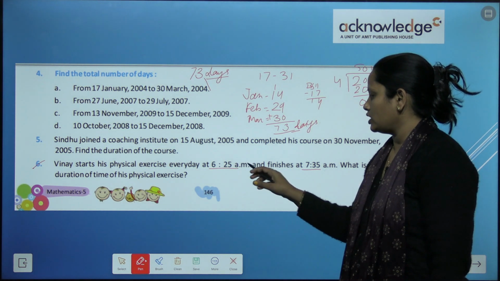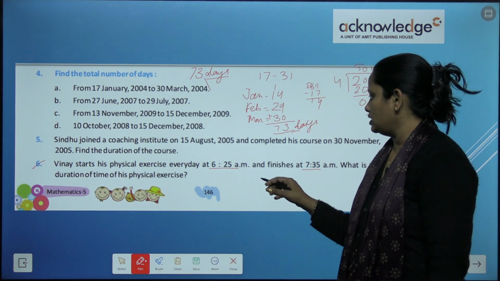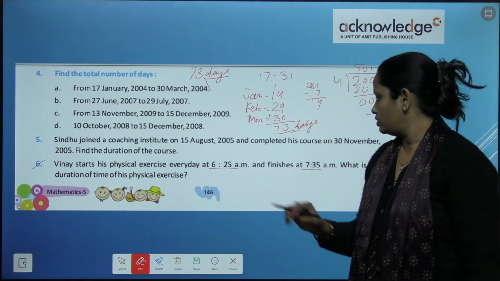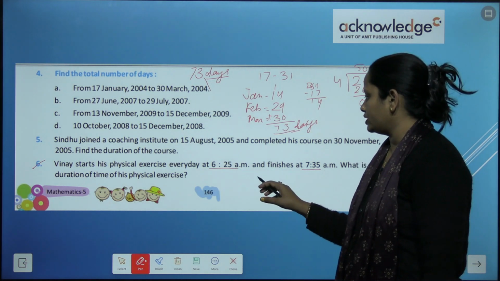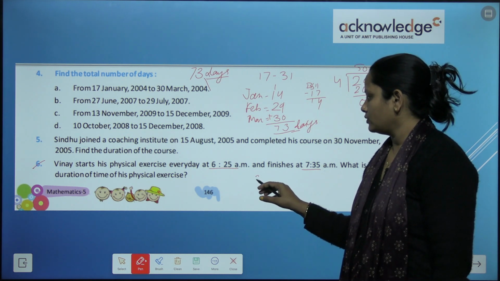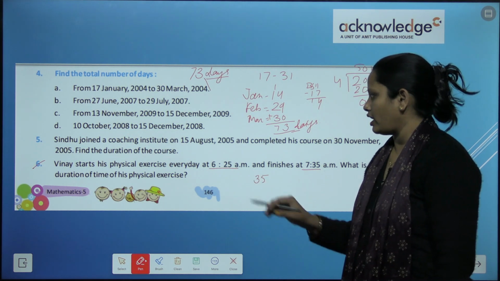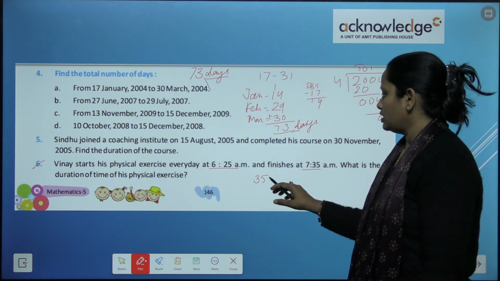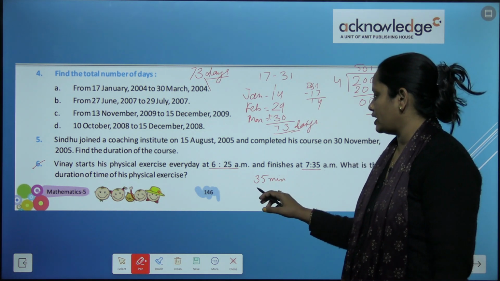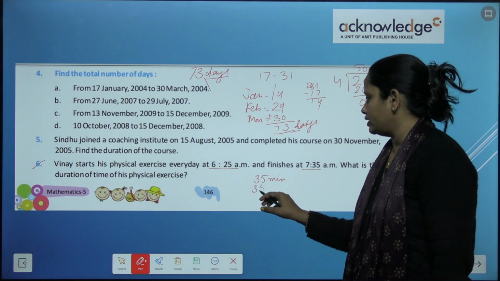So 6:25 to 7. Let's calculate the time. So till 7 it will be 35 minutes. Now from 7 to 7:35, again it will be 35 minutes.